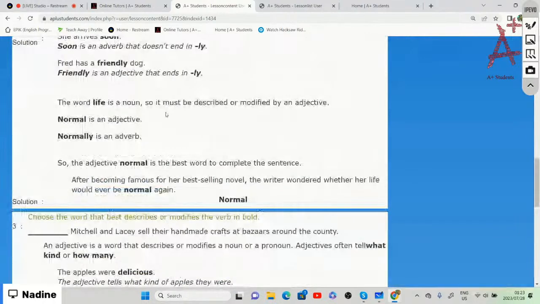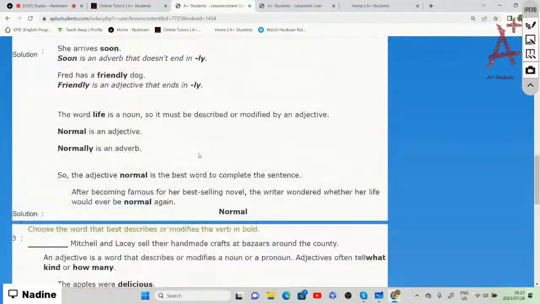And we say that the word life is a noun, so it must be described or modified by an adjective. And here we have two words given. We have normal, which is an adjective, and normally, which is an adverb. So if we were to choose the best possible answer to match that sentence, we will say normal.